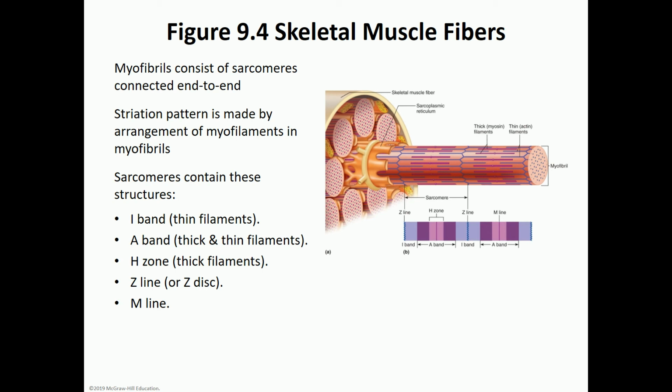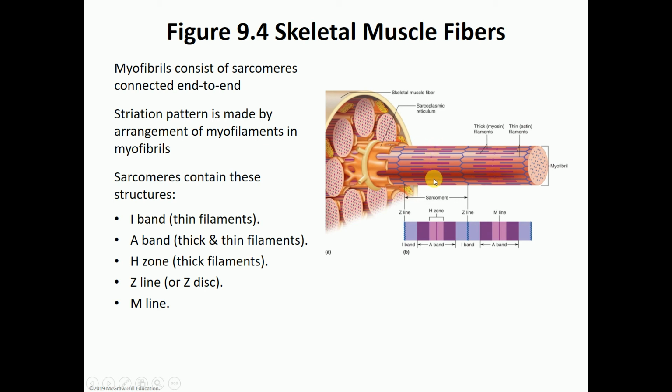So let's take a look at what the breakdown of a sarcomere really looks like. We know that these thin proteins are actin, and the thicker ones are myosin. Now these thin ones, where they connect together or hold hands, produce this Z line, while these myosin fibers hold hands in the middle, and you could see these maybe dots.